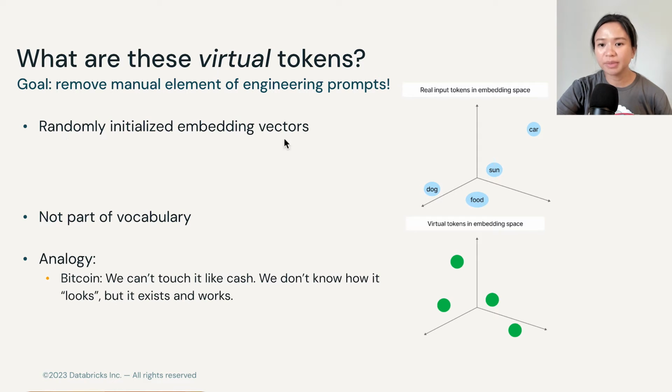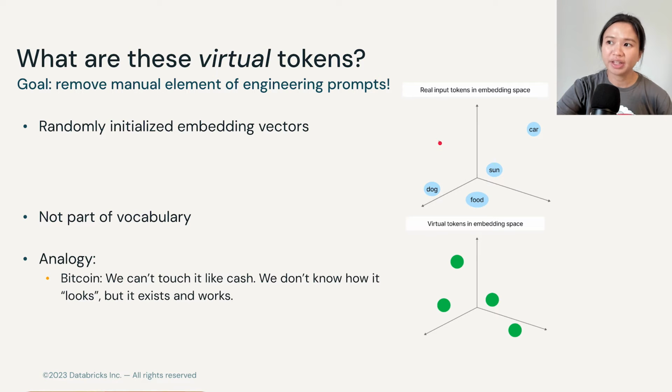We first randomly initialize an embedding vector that's just made up of random numbers. And this vector will have the same dimension as our input embeddings. So these randomly initialized embedding vectors, since they're completely random, are not part of any vocabulary, we don't know what text they correspond to.